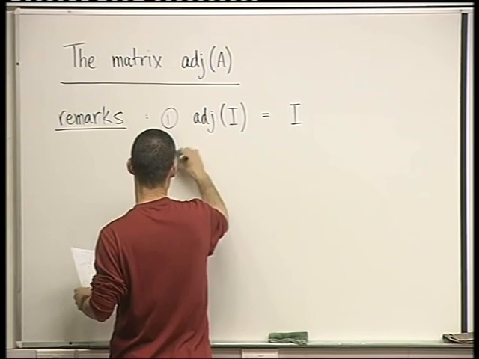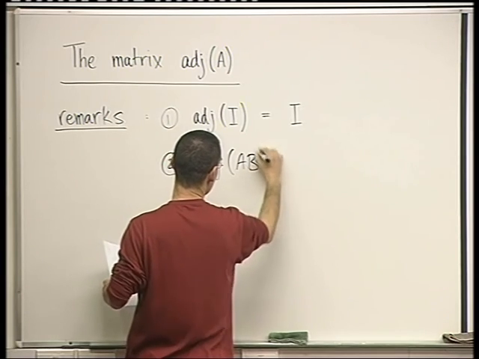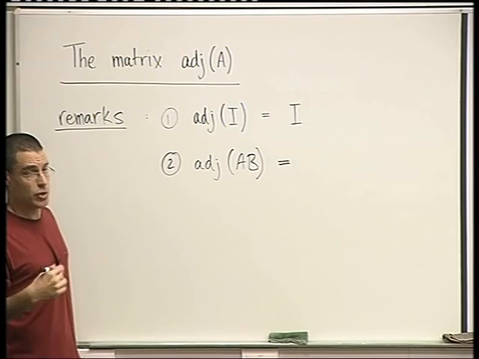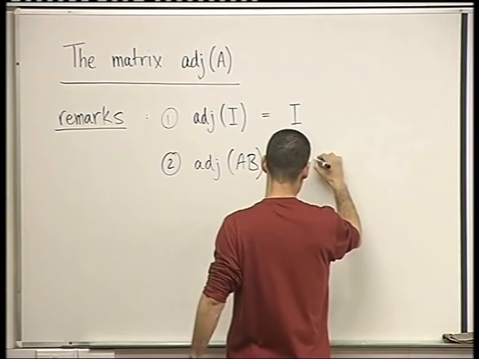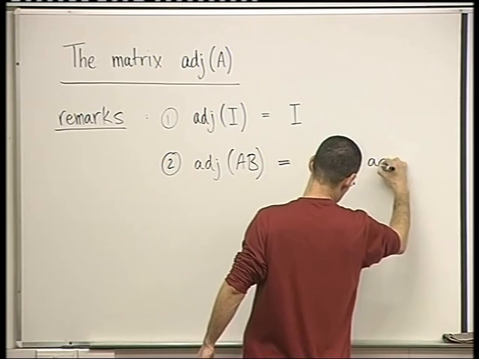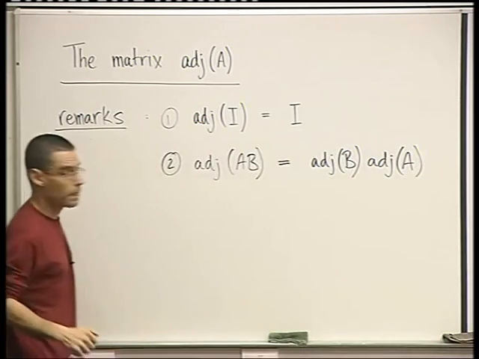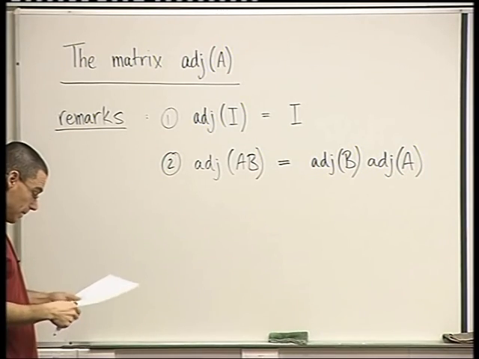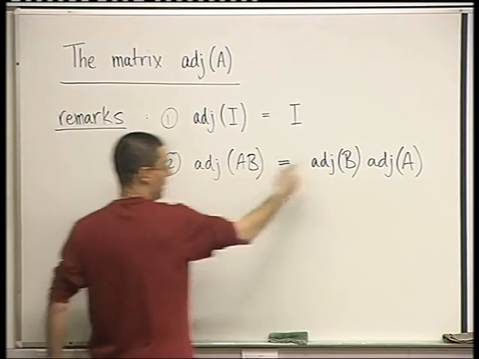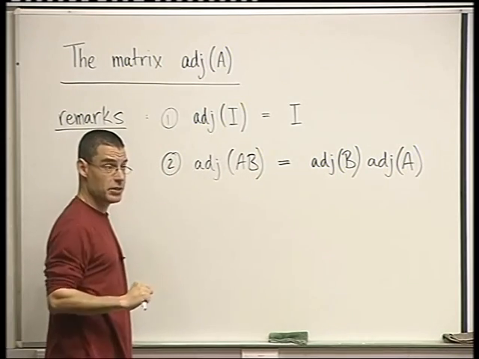And 2, adj of a product AB, and this is again something we've seen several times and shouldn't come as a surprise, is the product of the adjugates, but in reverse order. Okay? And we've seen this phenomenon, for example, in the inverse, and we know that adj is related to the inverse.